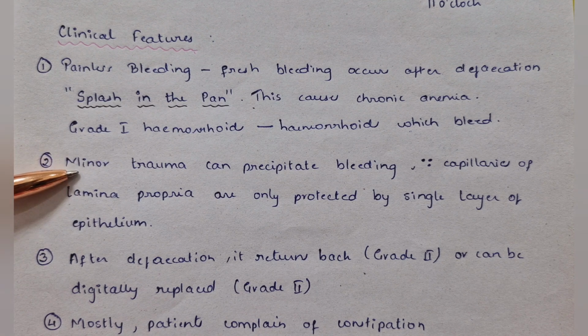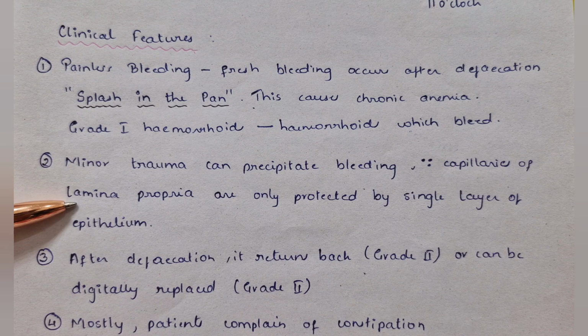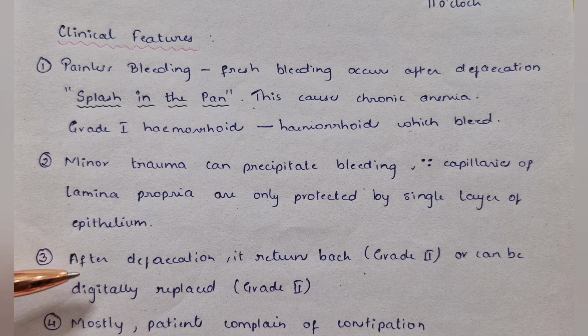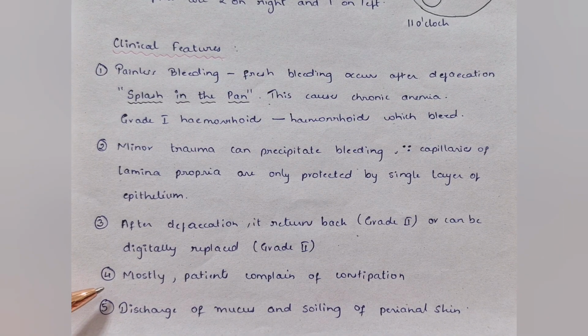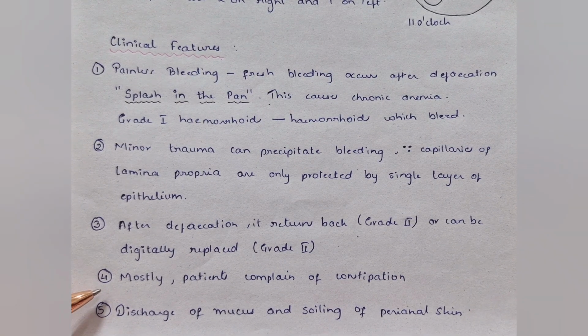Minor trauma can precipitate bleeding since capillaries of the lamina propria are only protected by a single layer of epithelium. After defecation, it returns back or can be digitally replaced. In most of the cases, patients complain of constipation, discharge of mucus and soiling of the perianal skin occurs.